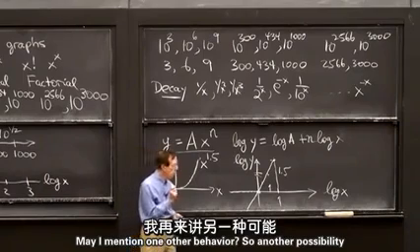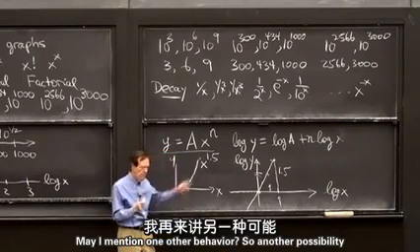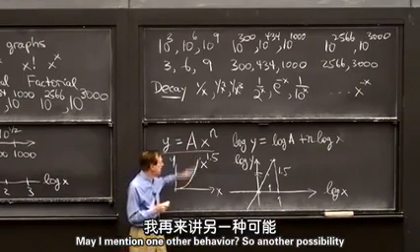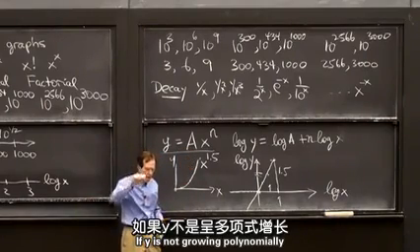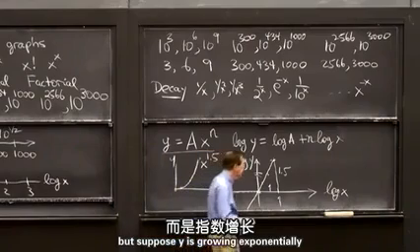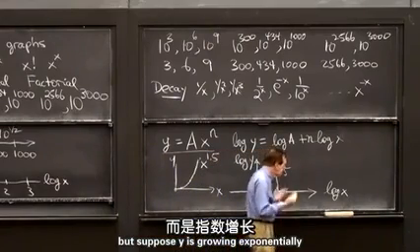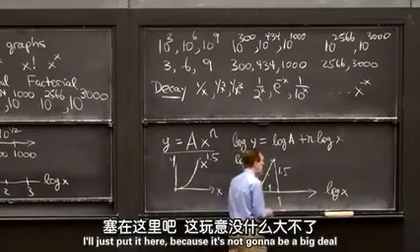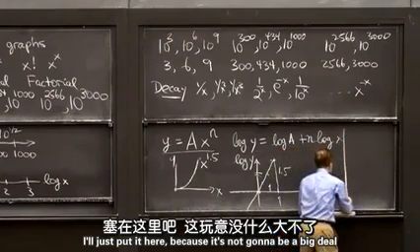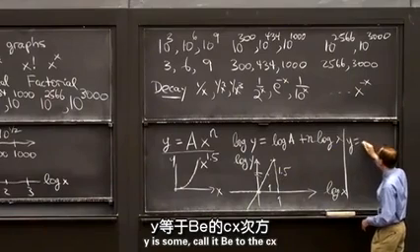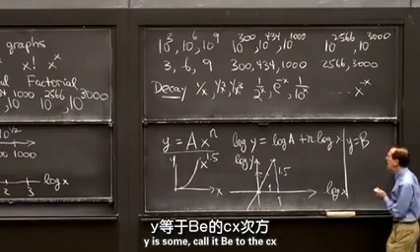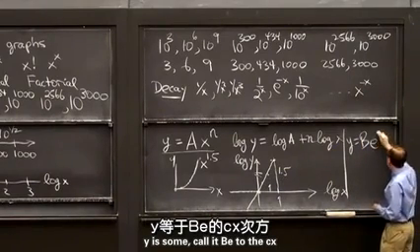May I mention one other behavior? Another possibility: y is not growing polynomially, but suppose y is growing exponentially. Y is some, I'll call it b, e to the cx.